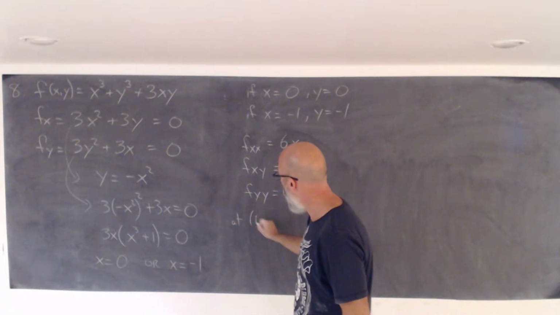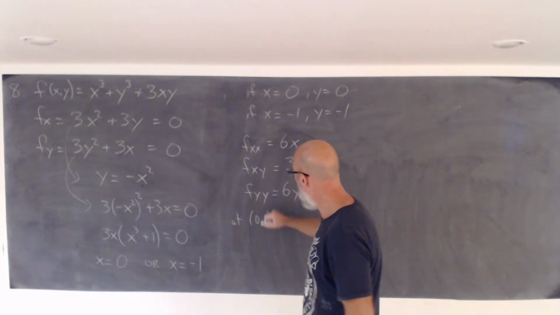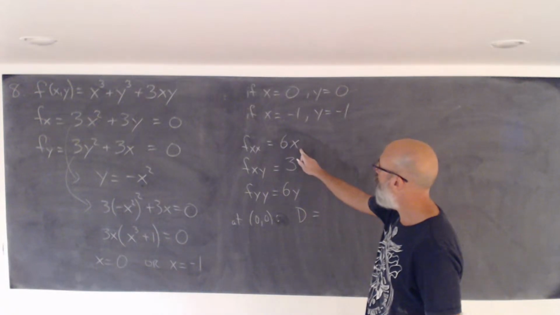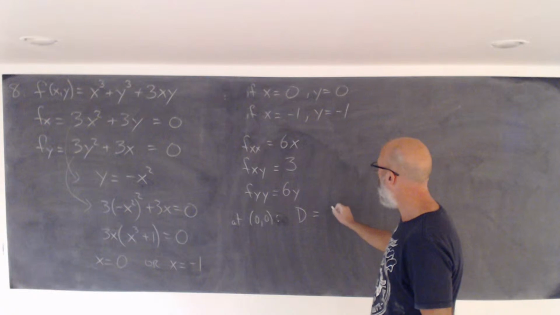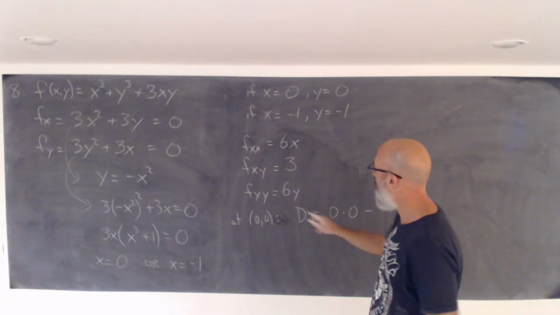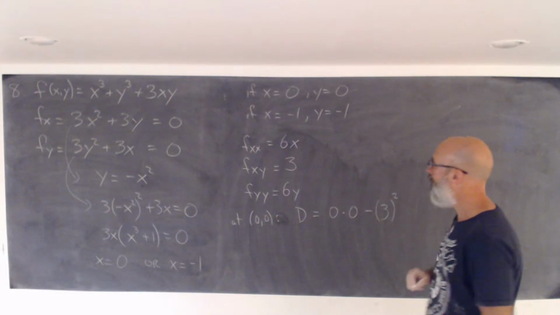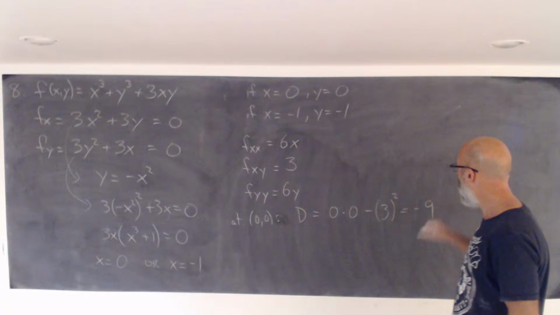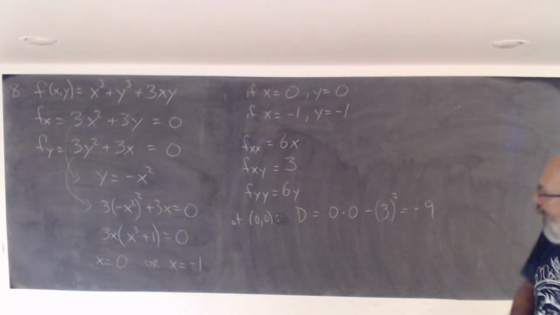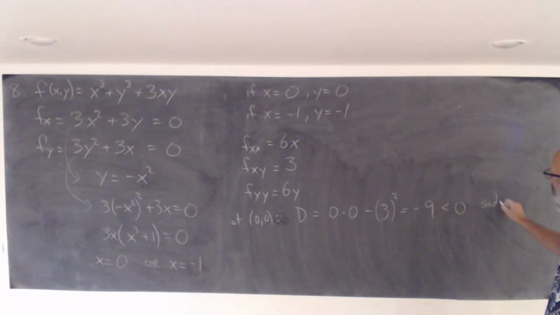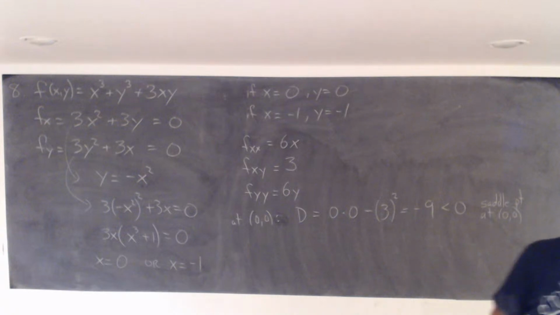So at the point 0, 0, D, which is 0 times 0 minus 3 squared, which is minus 9. If D is negative, what do we have? Saddle point at the origin.